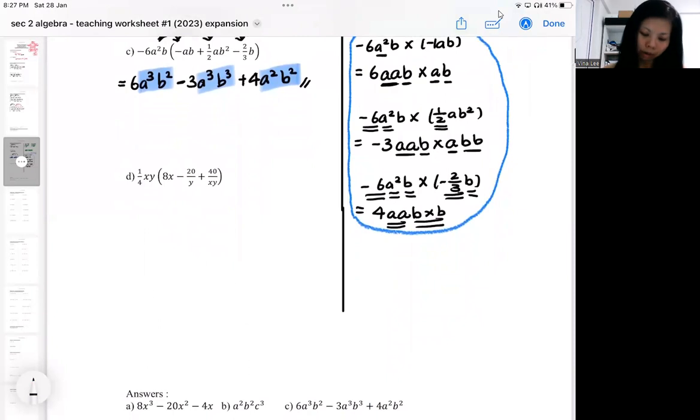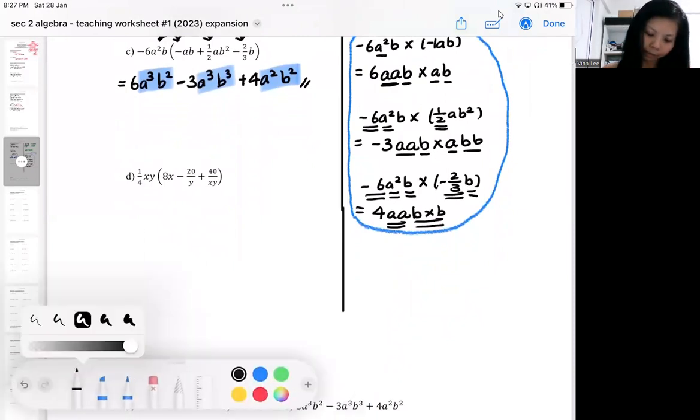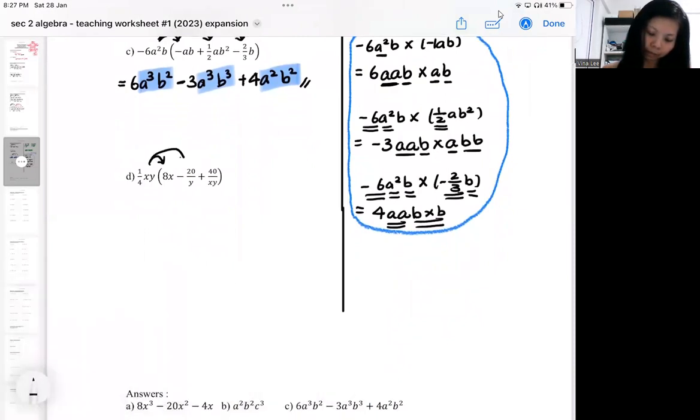So that is also a difficult extension. Okay, so in this part, I'm going to help you with this first. So 1/4 xy is essentially the same as xy over 4.